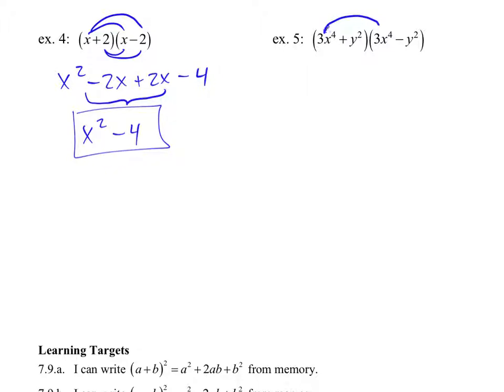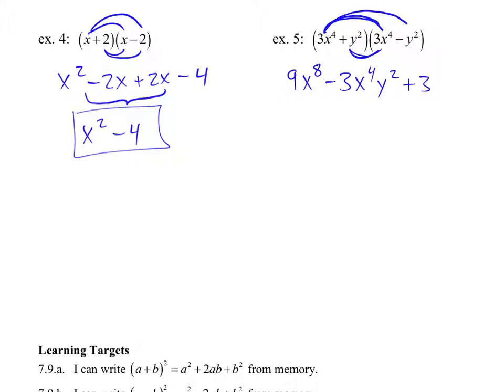So 3x to the 4th times 3x to the 4th is 9x to the 8th. Then we do outside, we get a positive 3 times negative, negative 3x to the 4th y squared. And now when we do the inside, same thing but positive.